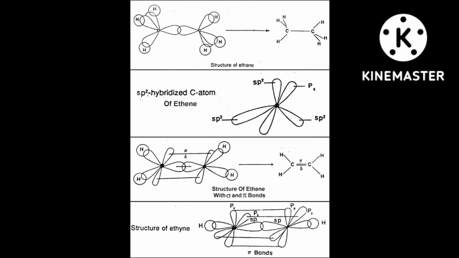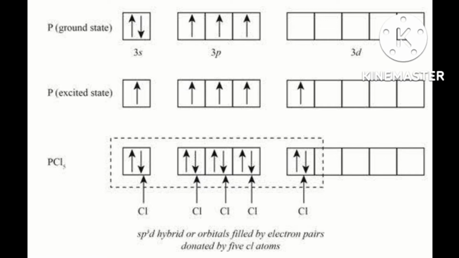Trigonal bipyramidal. An example is phosphorus pentafluoride, PF5, or PCl5. This I have told you, that this is sp3d.